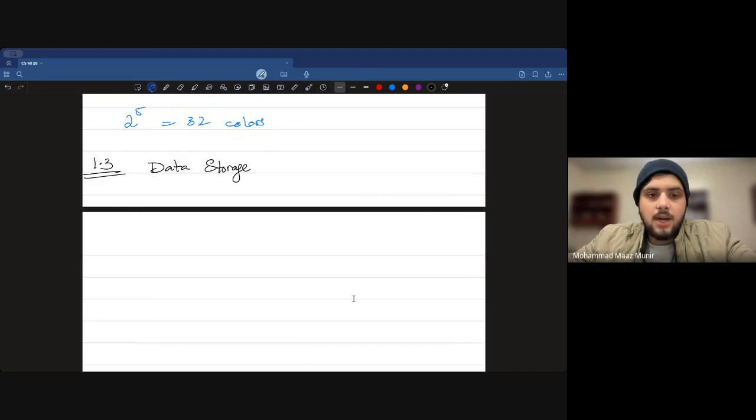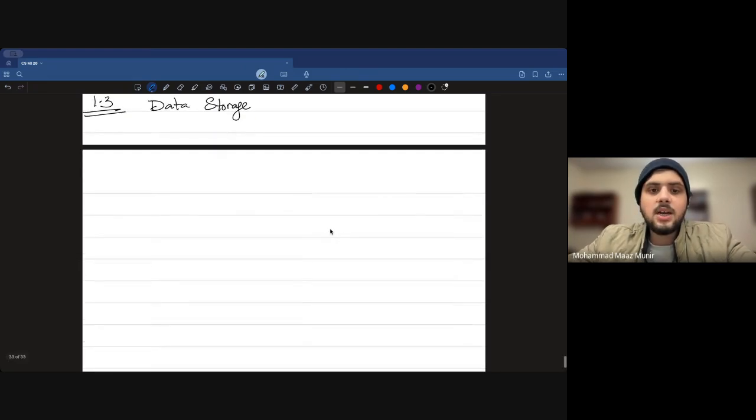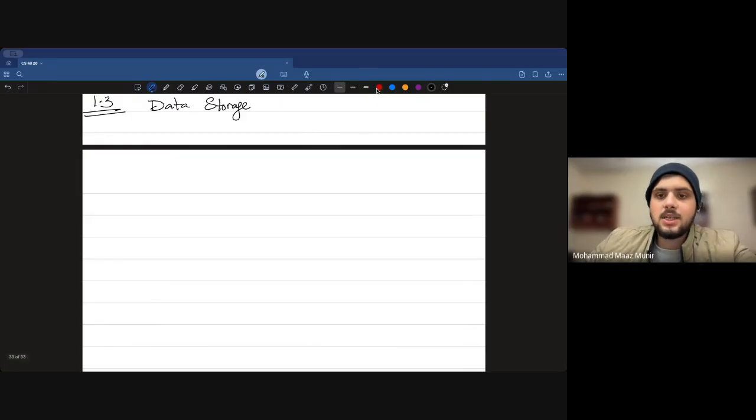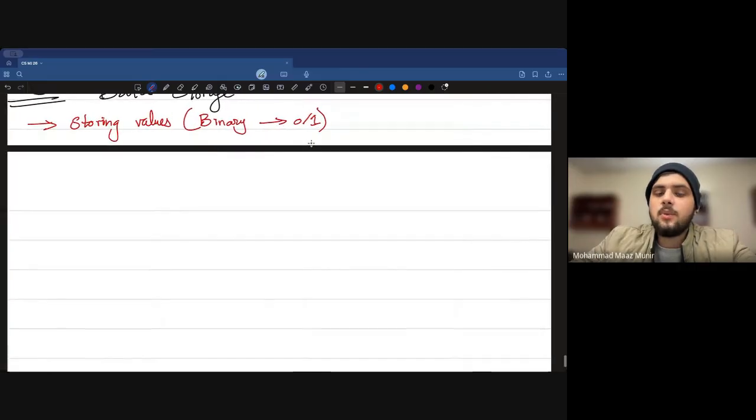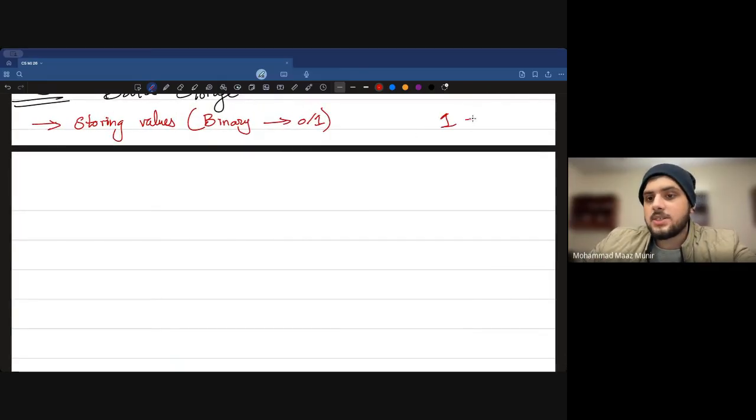Okay. So now let's start off with computers. Now we studied earlier that your computer is basically working on a model where it is storing values, and we saw that the computer stores all its values in terms of binary. So it is basically storing 0s and 1s. But your whole computer doesn't operate in a way where one single 1 could represent a specific function, right?